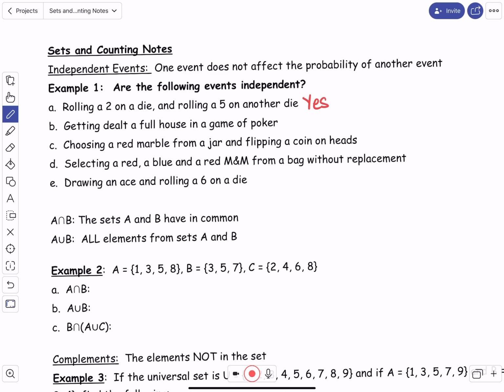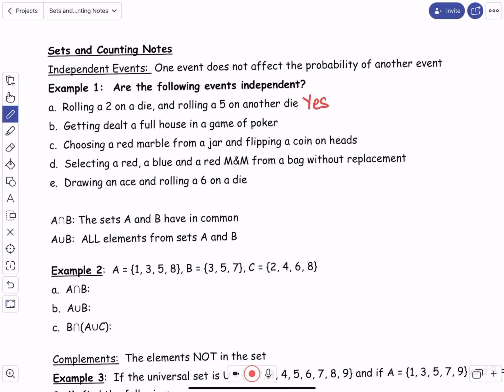All right, for B, getting dealt a full house in a game of poker. Getting a full house would be 2 of one kind and 3 of another kind. That would be like getting 2 7s and 3 10s, or 2 aces and 3 queens. So just 2 of one kind, 3 of another.